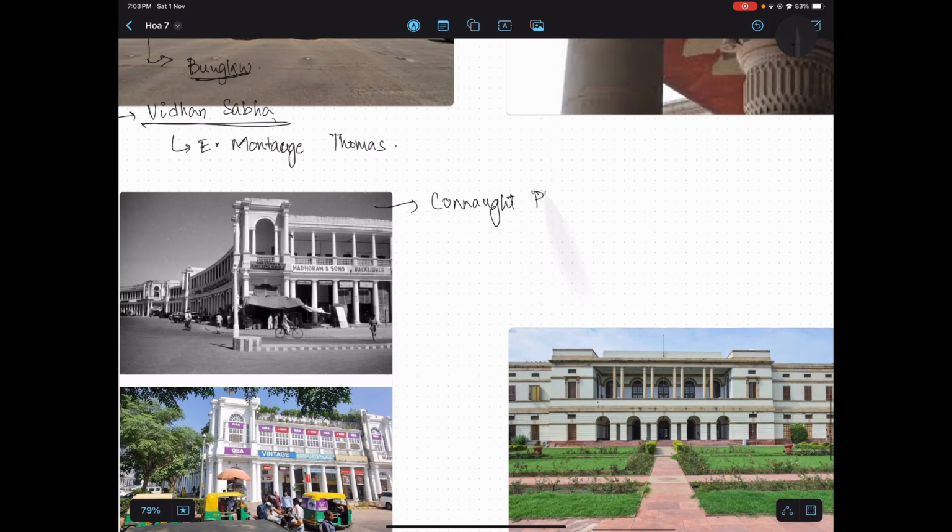So Connaught Place was designed by Robert Russell. And this Connaught Place was inspired by the Crescent of Bath from London.